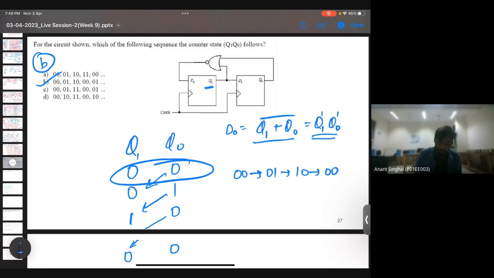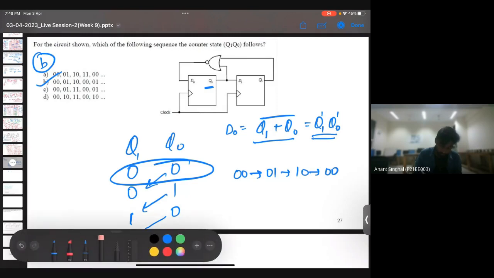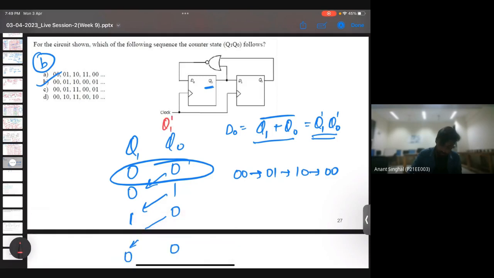So we will use the same expression to solve Q naught from the previous state. This Q naught is just getting shifted to D1, so Q1 will be Q naught. So I'm writing whatever Q naught on this side, and I'm using this expression from the previous state to solve this, and similarly for all the states.